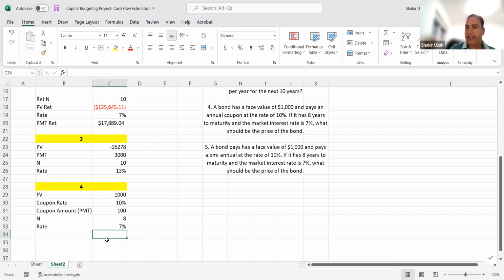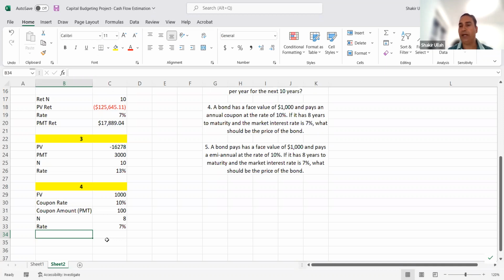That means the interest rate in the market, like the mortgage rate these days, is 7%. The question is, what should be the price of this bond? If you're deciding to buy this bond, what price should you pay for it?